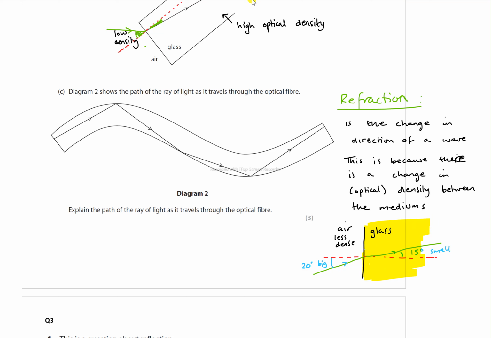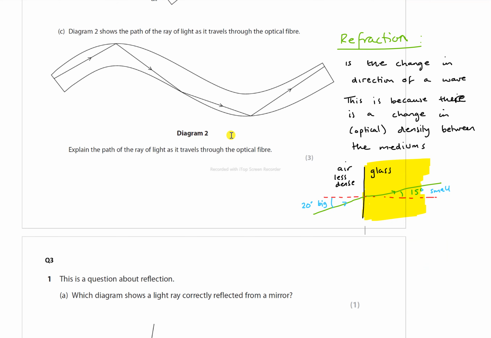That's glass, that's more dense. Okay, let's keep moving on. Remember, this is called refraction.